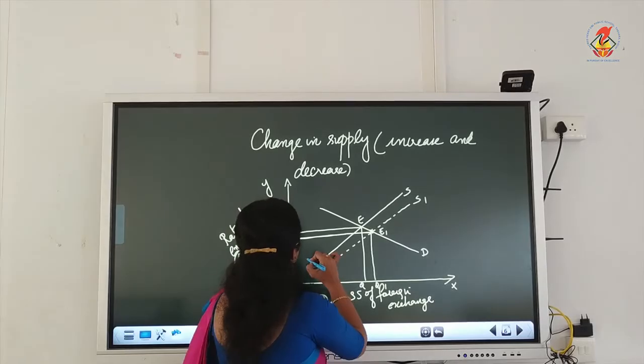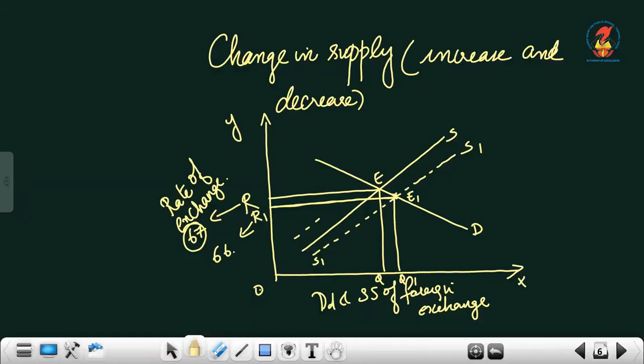Then what happens when there is a leftward shift of the supply curve? The new equilibrium point is E2. When we draw this, the rate of exchange will become R2 and the quantity is OQ2. Here the rate of exchange has increased to 68.